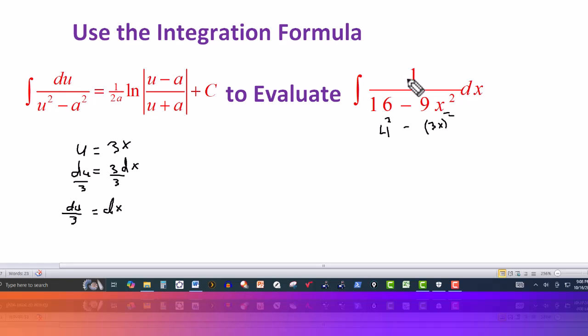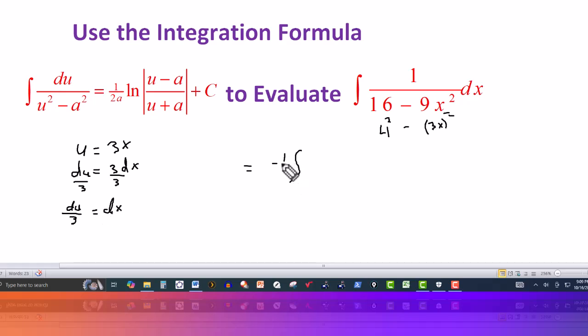Now let's try to write this in that particular form right there. So notice it has the u squared first here. I'm going to factor a negative out of that, so I've got a minus here. The dx would be in the numerator times 1, still dx, and the dx is going to be du over 3.